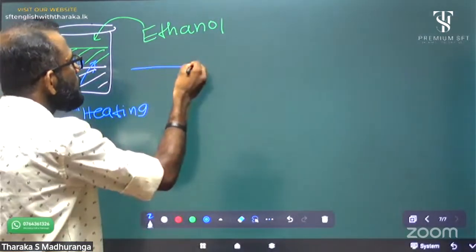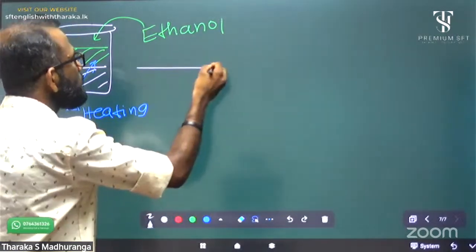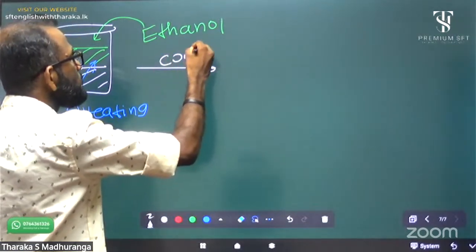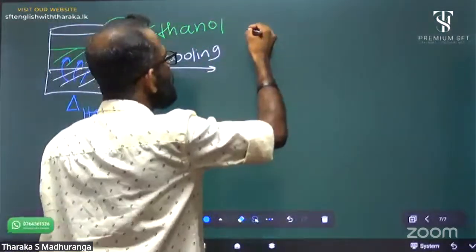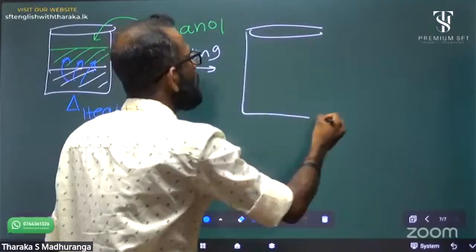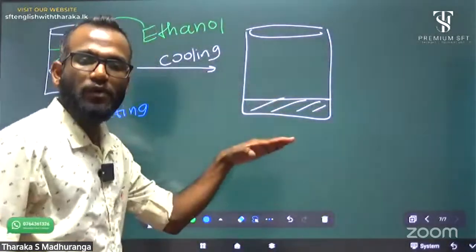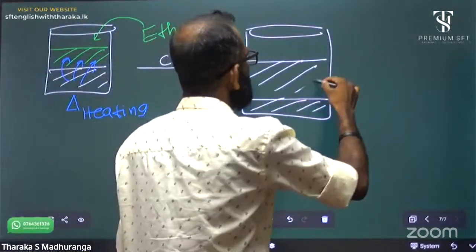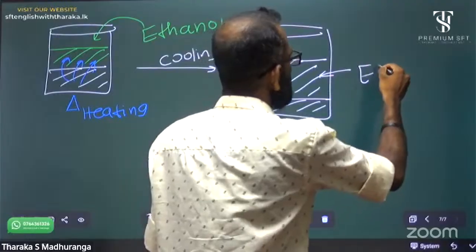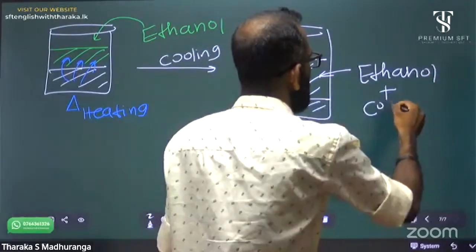After that, the complete structure is cooled. In the cooling process, again the paraffin wax converts into solid, and this is the remaining ethanol and compounds.